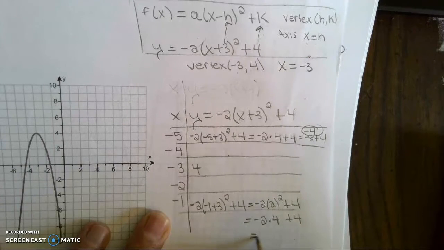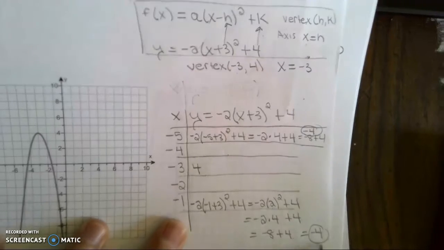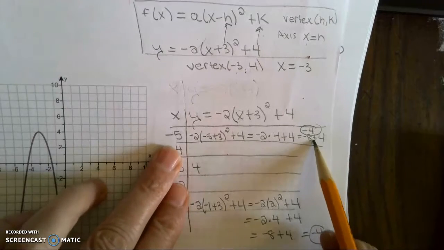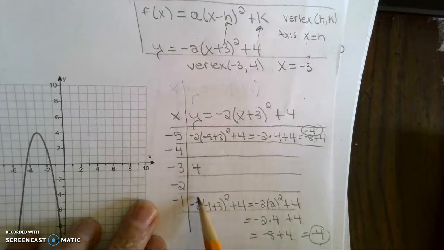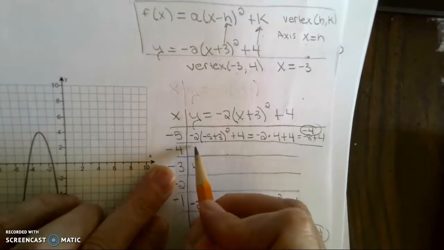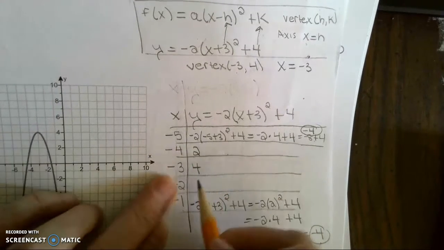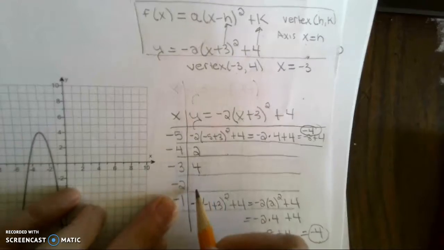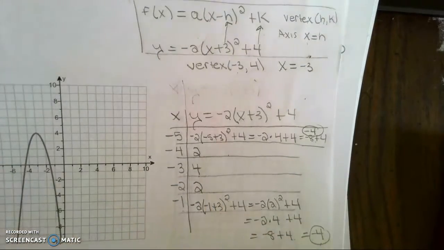Just like here, I end up getting -4. Okay, so this is one ordered pair. This is another ordered pair. I'll just put down the answers to the rest of these. You can go ahead and pause this if you'd like. But let me go ahead and write down the other answers here. This one's 2. That one's the vertex, of course. And this one's 2 as well.